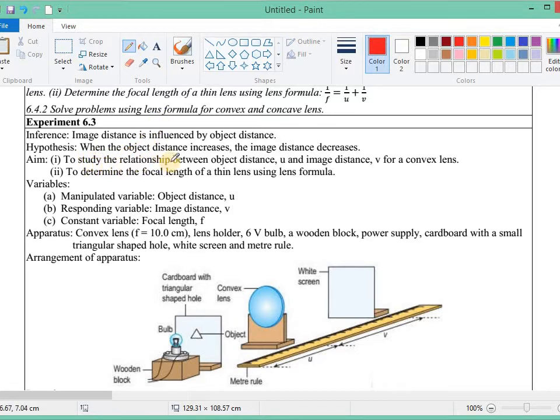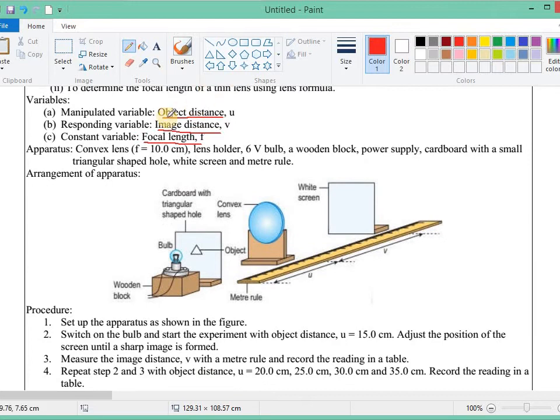We want to study the relationship between object distance and image distance for a convex lens, and to determine the focal length of a thin lens using the lens formula. The manipulated variable is the object distance, the responding variable is the image distance, and the constant variable is the focal length.